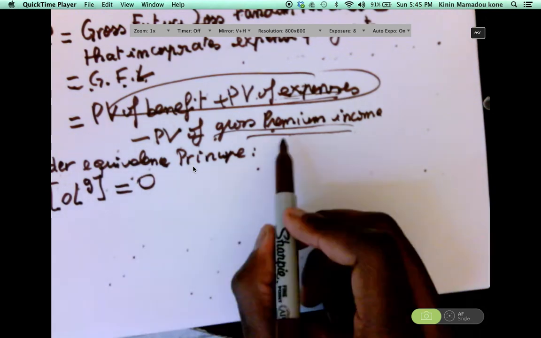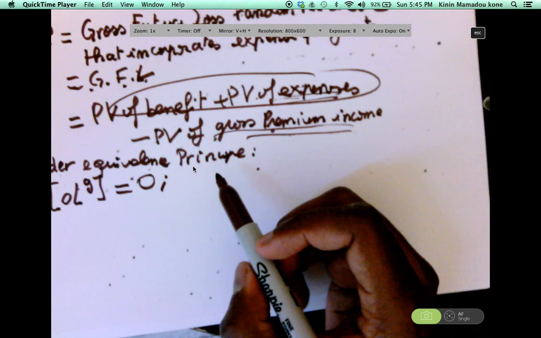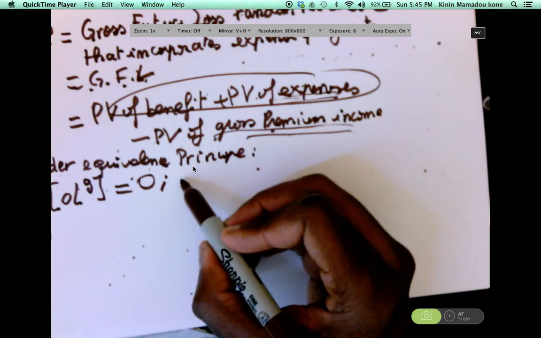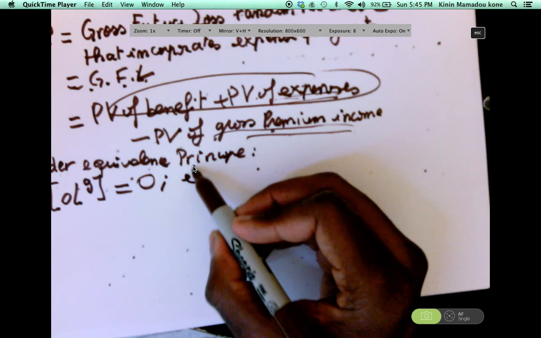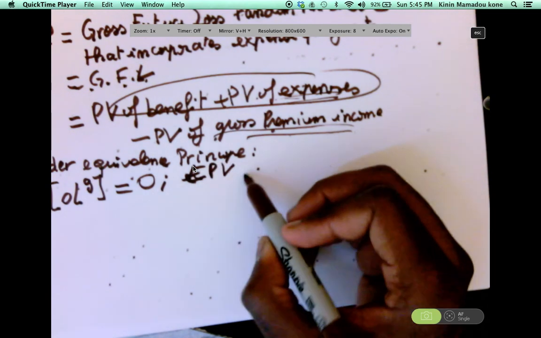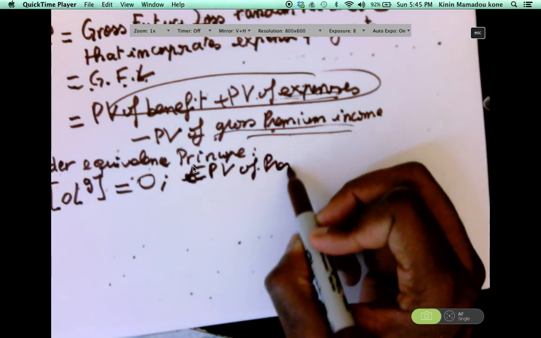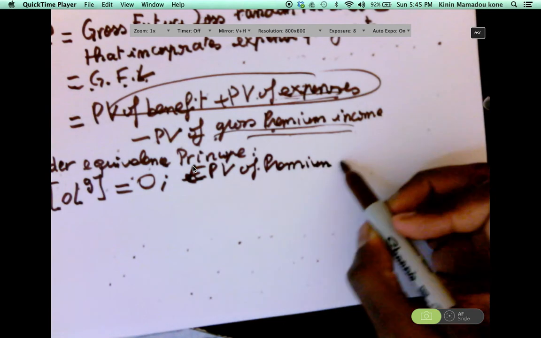The gross premium, the expected value of the premium, is also called the expense loaded premium.